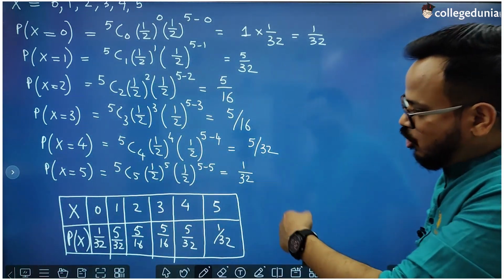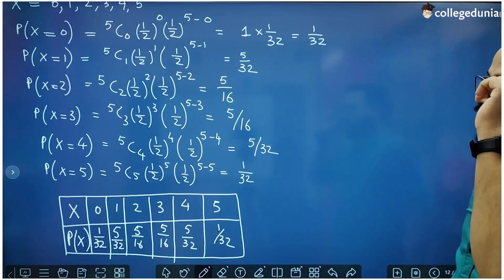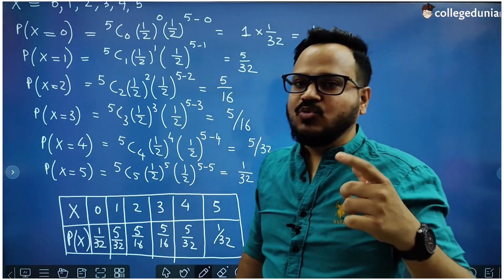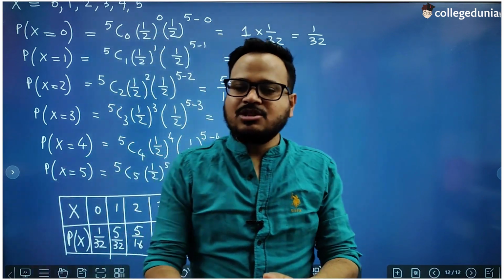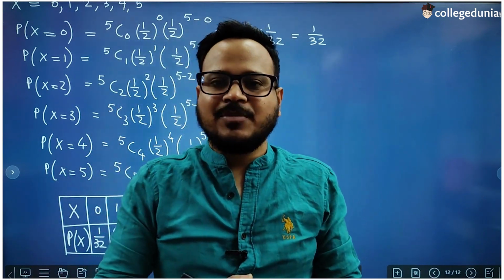Right? So this is the binomial distribution of number of heads in an experiment in which a coin is tossed 5 times. Right? So these were Bernoulli's trials and binomial distribution.